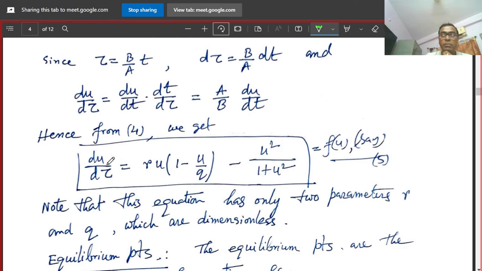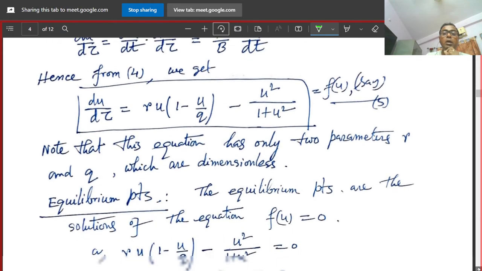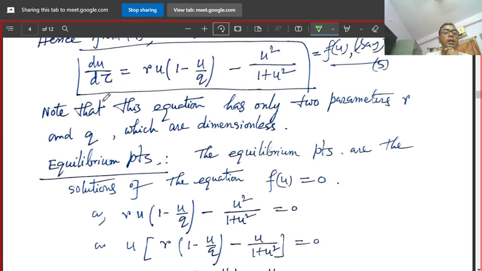Here population density capital N is replaced by the non-dimensional variable u, and time t is replaced by the non-dimensional time tau, and there are 2 parameters r and q in place of 4 parameters in equation 2. So here is the dimensionless equation 5.